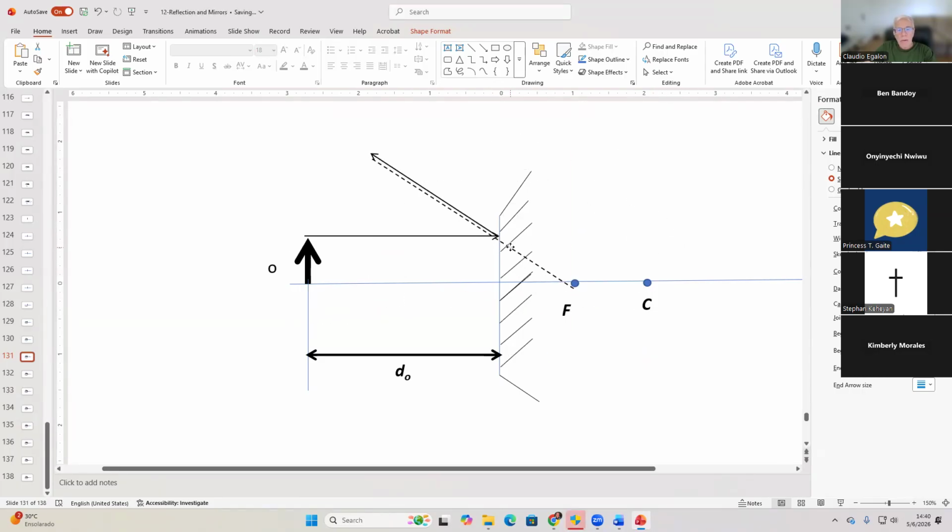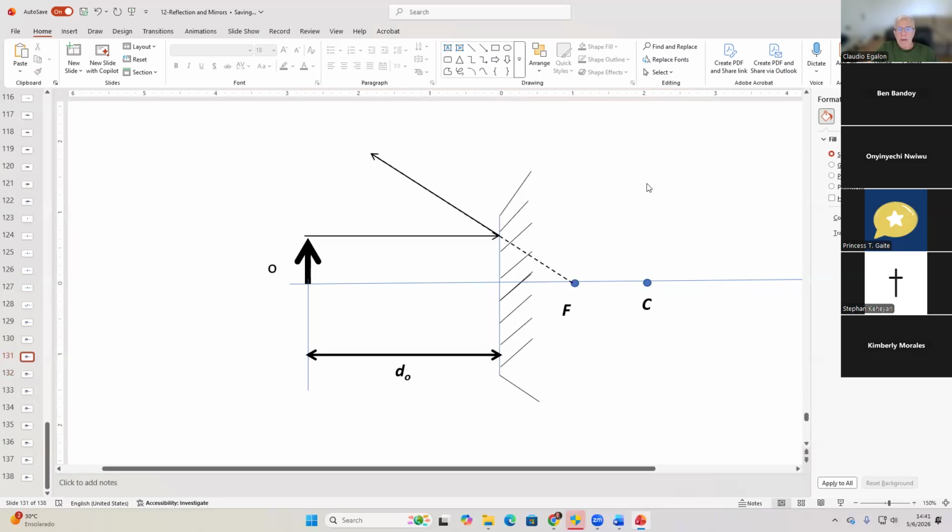Now I have what I want. Just adjust a little bit, like that.